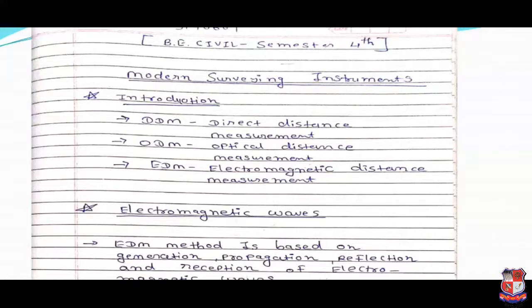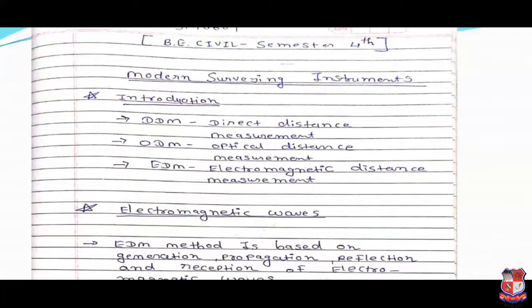And finally, EDM, electromagnetic distance measurement instruments, have been recently developed, having a higher accuracy in distance measurement. It is also expensive and also gives advanced features unlike any other method of distance measurement. The modern surveying instruments are the digital theodolite and total station.